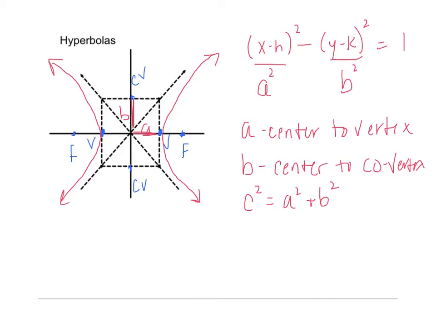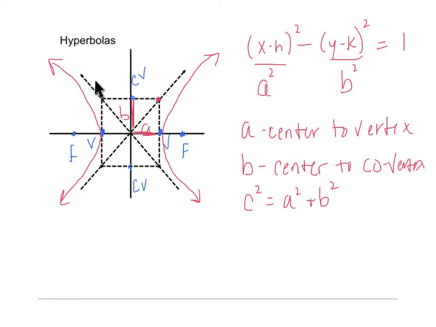All right, if we're going to write the equation of the asymptotes, what I want you to notice is that the slope of this line is rise over run, up b over a. And this one is also up b over a, but it's negative.